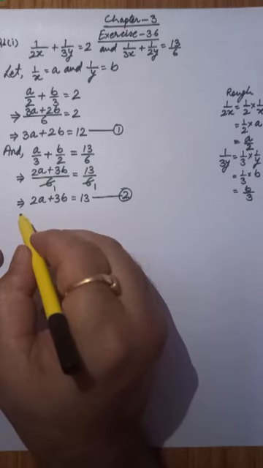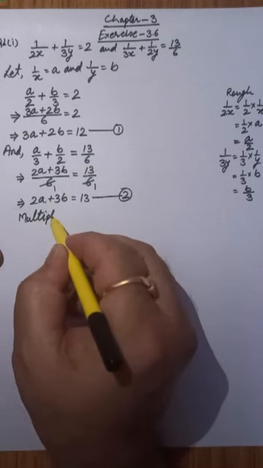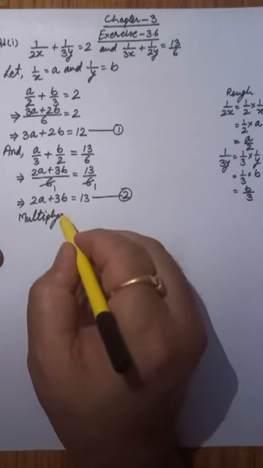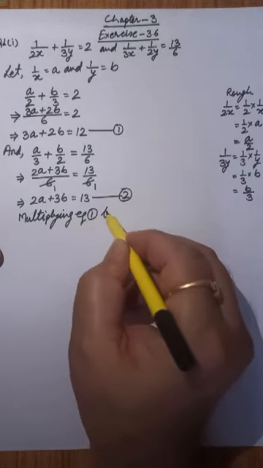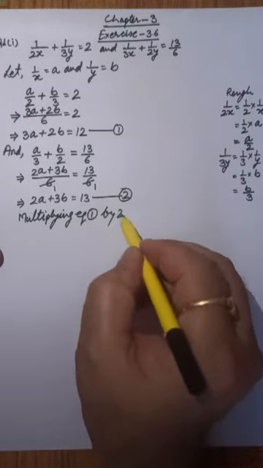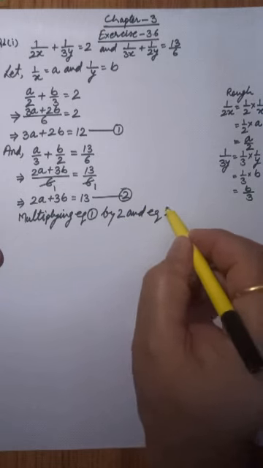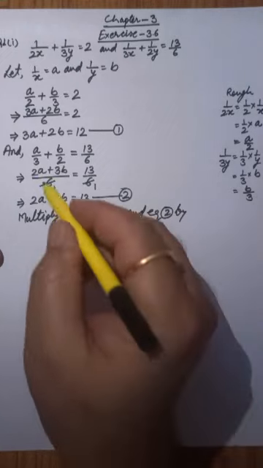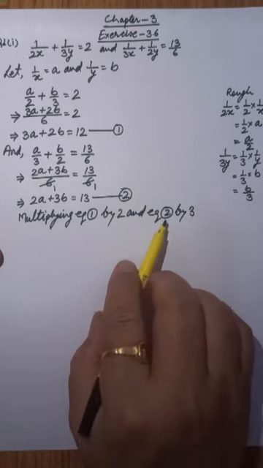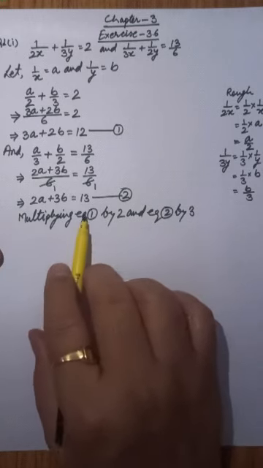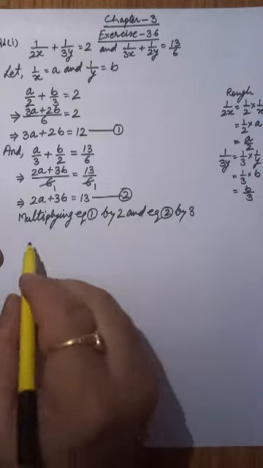For this, we need to multiply equation 1 by 2 and equation 2 by 3. Here you see the equation number is encircled to differentiate. So remember, you need to write like that.